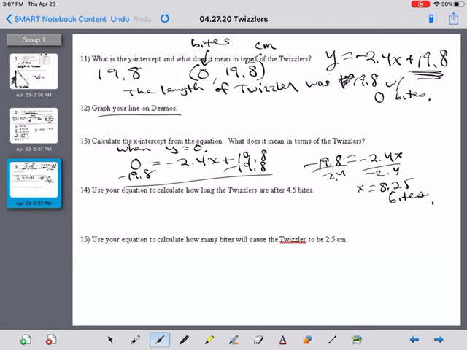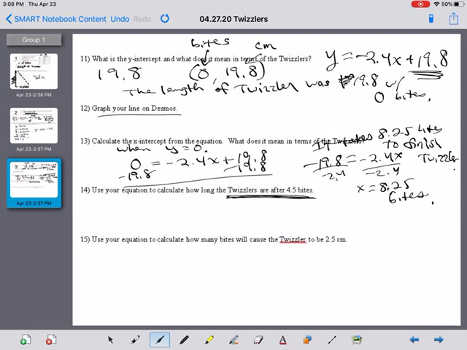So what does that mean? After 8.25 bytes, there's nothing left. So it takes 8.25 bytes to finish the Twizzler.